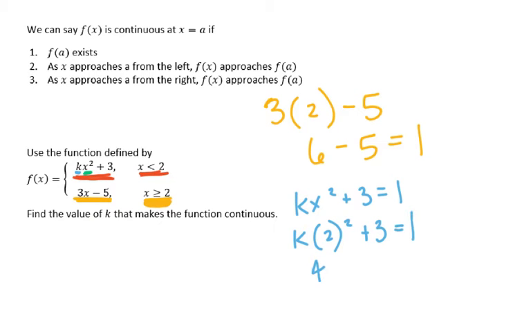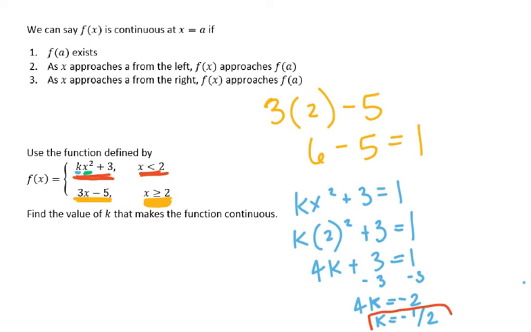So we are going to substitute 2 in for x, which is going to give us 4k plus 3 equals 1, and all we have left to do is solve for k. So we're going to subtract 3 from both sides to get 4k equals negative 2, and then finally we're going to get k equals negative 2 over 4, or negative 1/2.